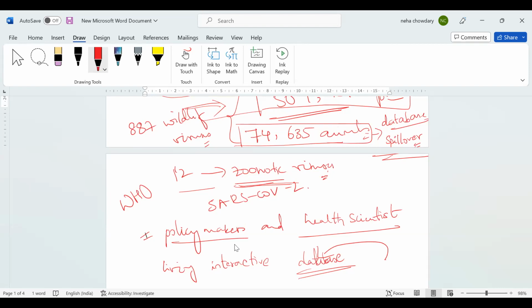So the global economic loss during coronavirus was approximately 28 trillion.